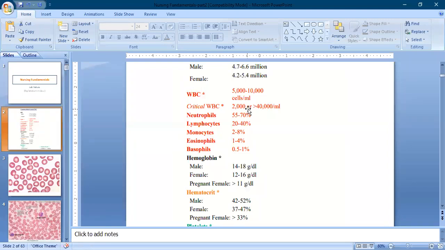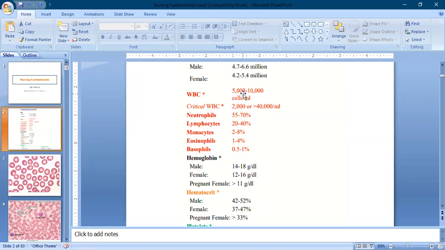If the WBC is more than 10,000, we call it leukocytosis. So leukocytosis can indicate the presence of infection or inflammation.